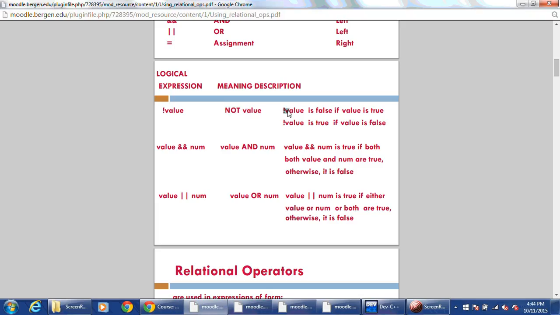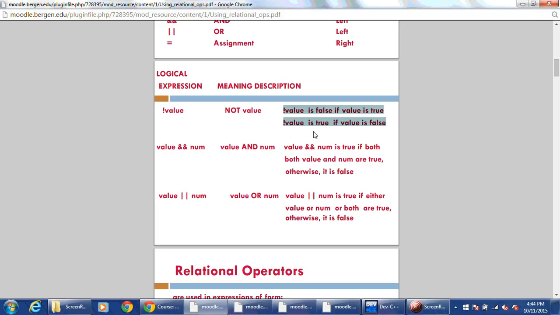So not value is false if value is true. Basically, I don't want to confuse you with this jargon, but you're basically saying if something's not false, then it's true. And if something is not true, then it's false. So you're saying the opposite.